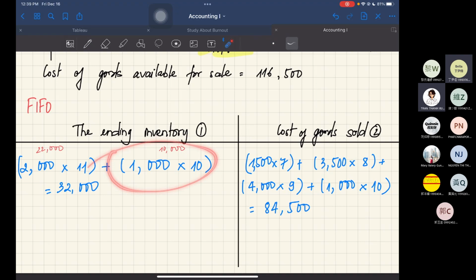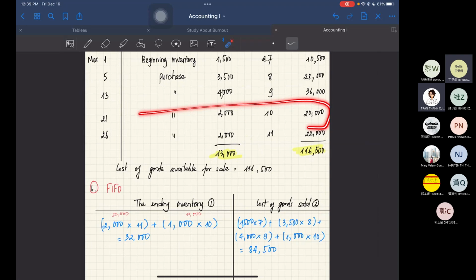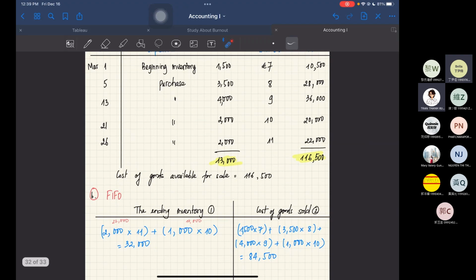It comes from here. It's just like we sold 10,000 items, right?